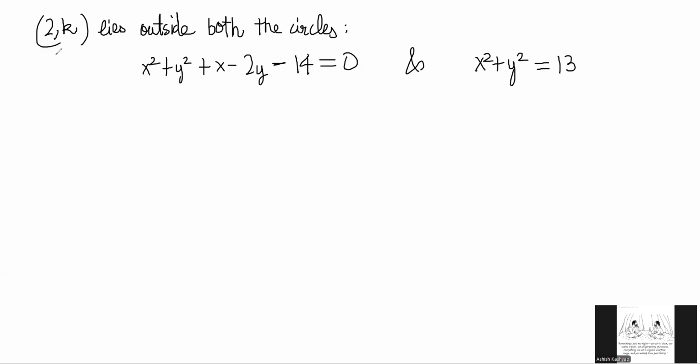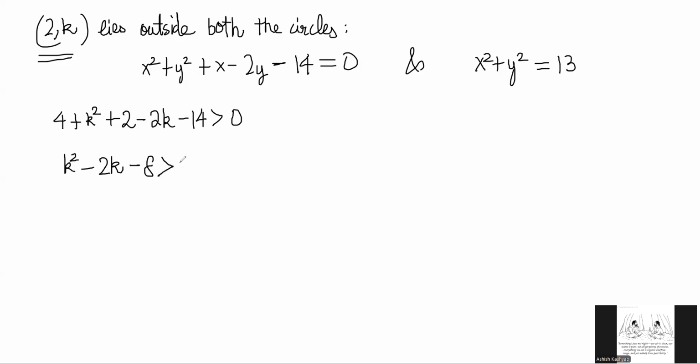So that means when you put the point into the circle equation, you will end up with a positive value. So let's do that. You get 4 plus k square plus 2 minus 2k minus 14 is greater than 0. So this gives k square minus 2k minus 8 is greater than 0. This can be factorized as (k minus 4)(k plus 2) is greater than 0.